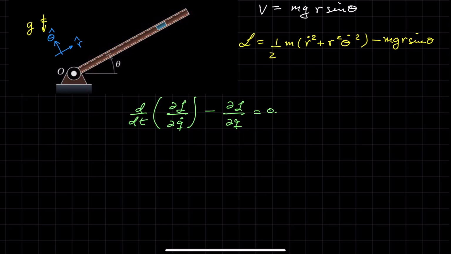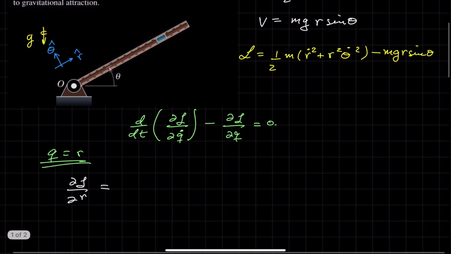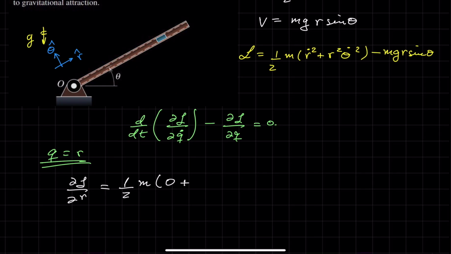So first we're going to work with this coordinate, the radial coordinate. For that we have to see that the radial coordinate appears here and here. So we are going to have 1/2 of the mass times 2 r theta squared minus m g sine of theta.